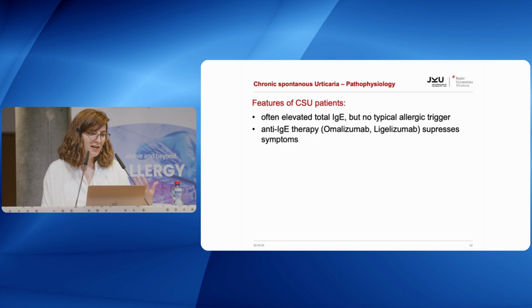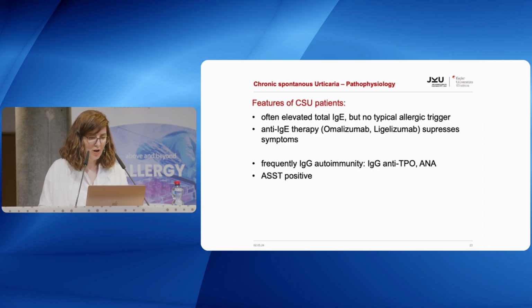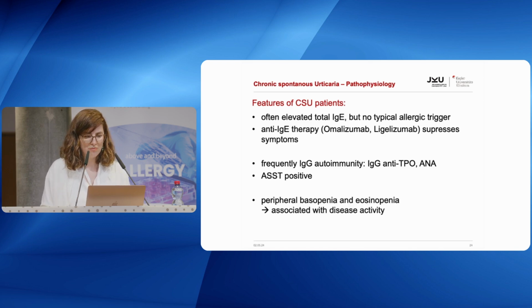We know that anti-IgE therapy works because it's a recommended drug, but these patients very often also have other features. They can have some features of IgG autoimmunity, like IgG anti-TPO or positive anti-nuclear antibodies. They can have a positive ASST. We come to that later, an autologous serum skin test, so they are reacting to their own serum in a way.